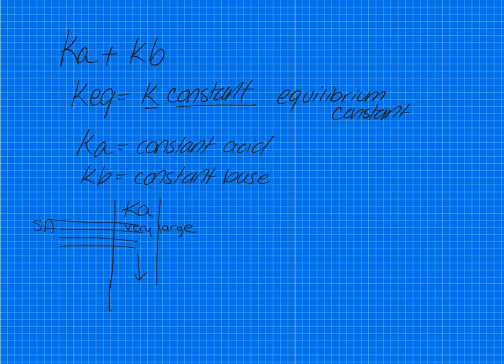What you should see is that the numbers will decrease as you go down the list. So the stronger the acid, the bigger the Ka value.